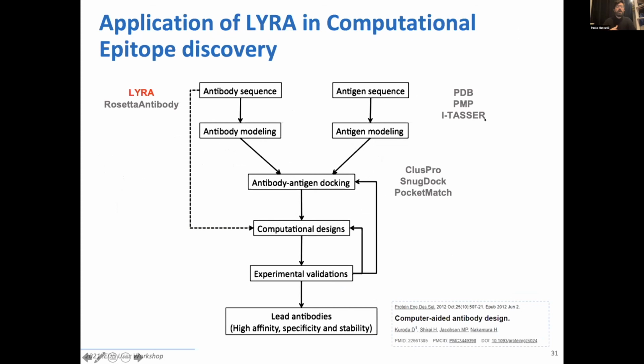And this has been included in different pipelines, for example, in pipelines for rational epitope discovery, or to design therapeutic antibodies and T-cell receptors. The main idea is that you can use these to generate models, analyze the interaction, and then propose mutations to the antibody or to the T-cell receptor to increase the affinity, perform experiments, and then in an iterative way improve your molecules.